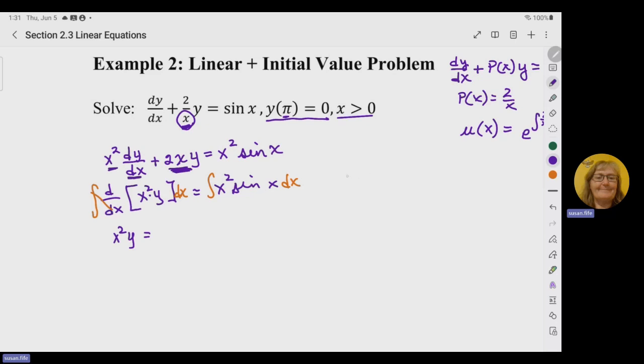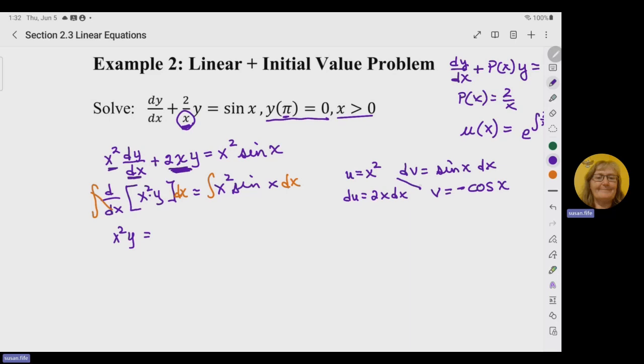So here, again, I have to integrate by parts. u is going to be x squared, dv is going to be sine of x dx. du is 2x dx. And v is the integral here. So that's going to have to be negative cosine x. Derivative of cosine is negative sine, so I have to cancel that negative.